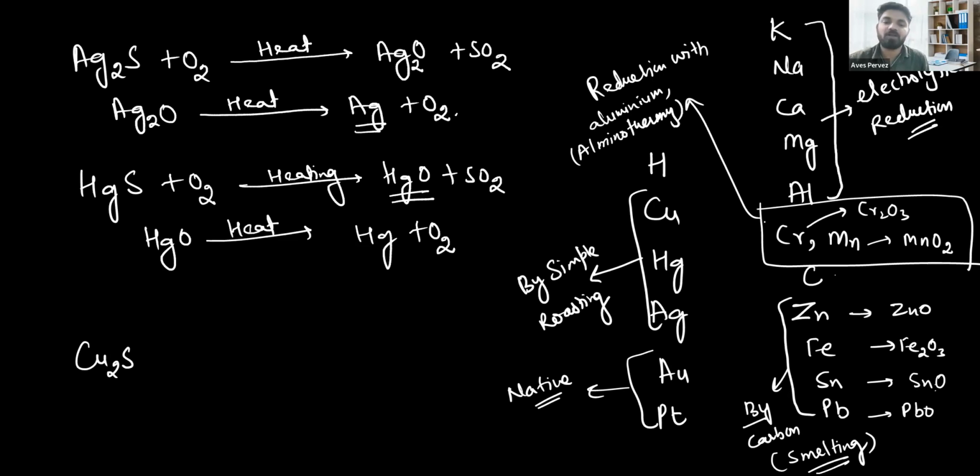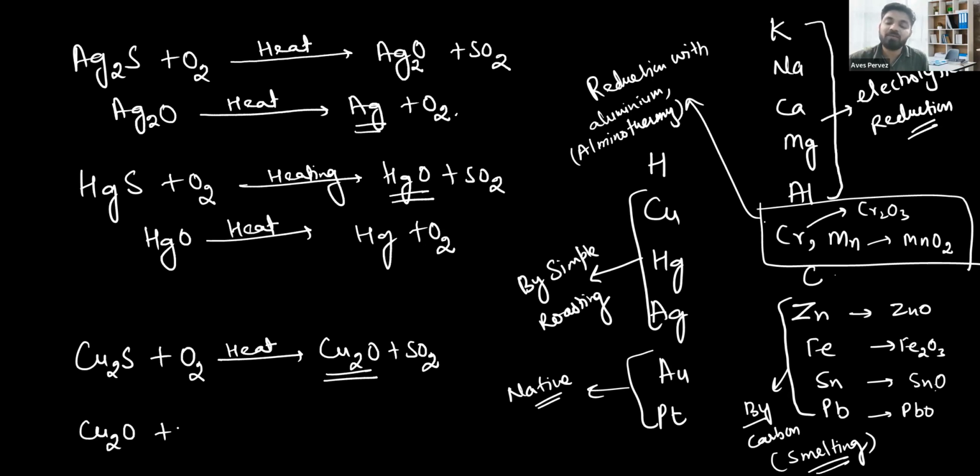Got it? And similarly for Cu2S, when you heat it, it will get converted into Cu2O plus SO2. But here you need to keep in mind, if you have Cu2O alone, then you need some reducing agent.